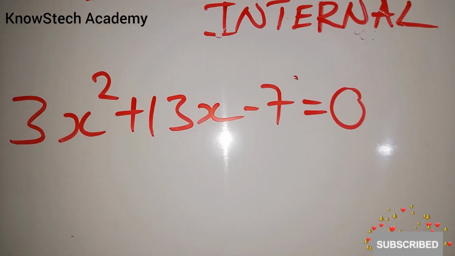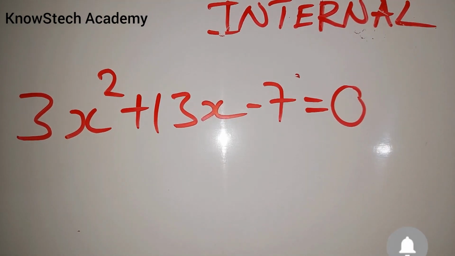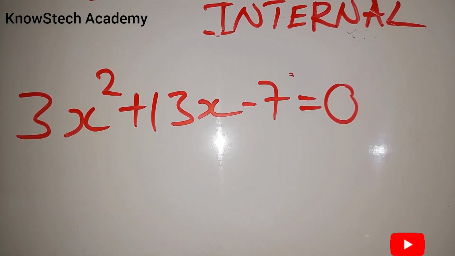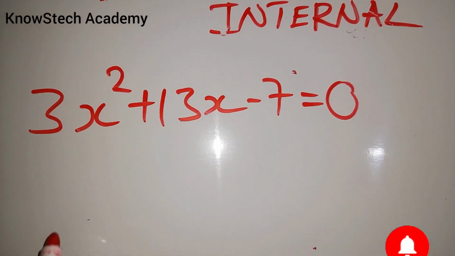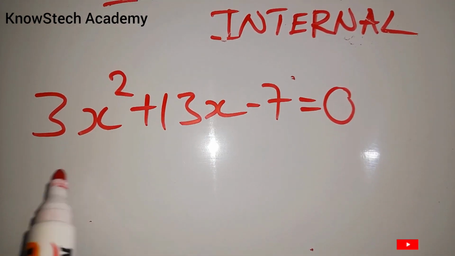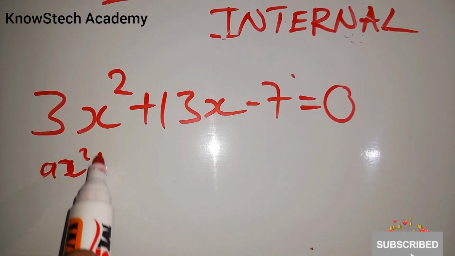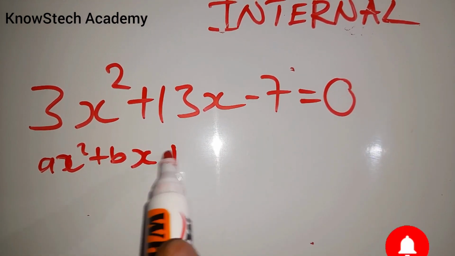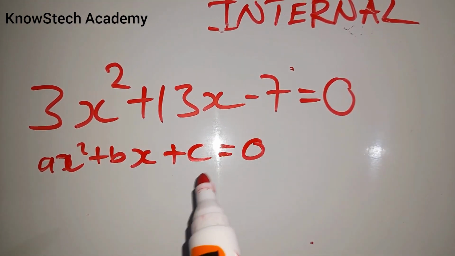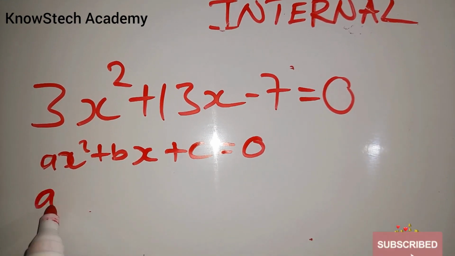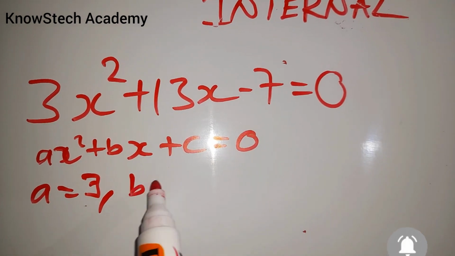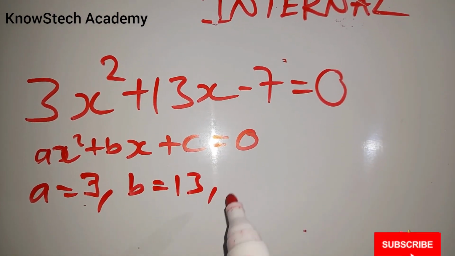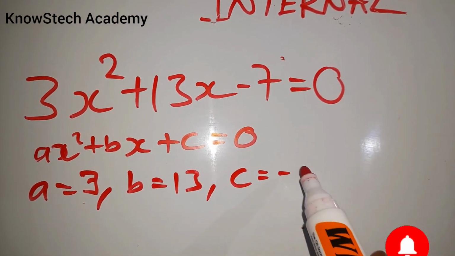This question is allocated 5 marks. When you look at this quadratic equation, it's in the form ax squared plus bx plus c equal to 0. So the value of a is 3, the value of b is 13, and the value of c is negative 7.